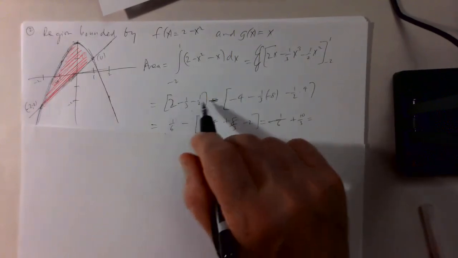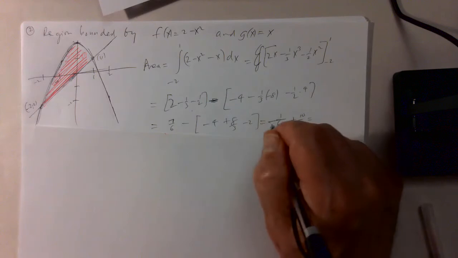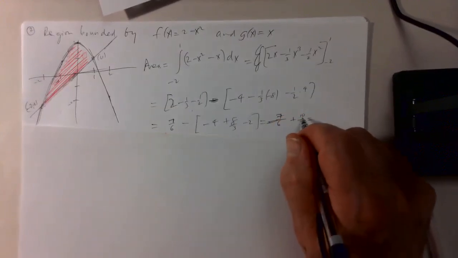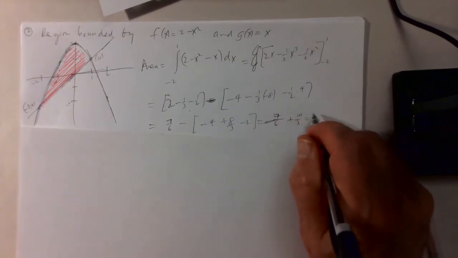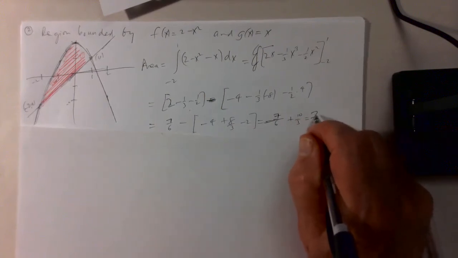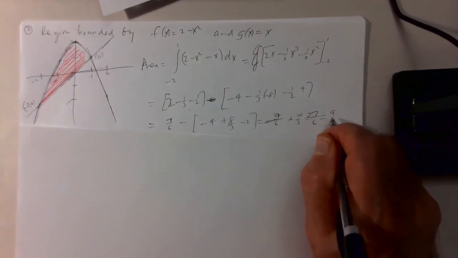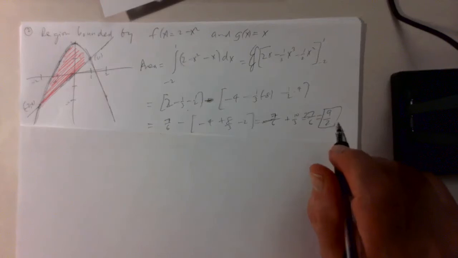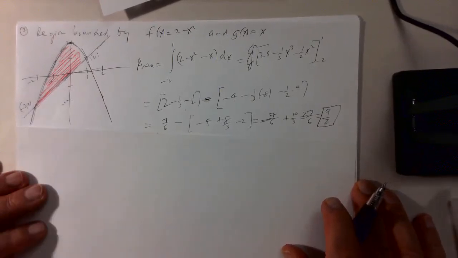So this is 2 minus 5/6, which is 7/6. So this is 7/6 plus 10/3, which is 7/6 plus 20 over 6, that's 27 over 6, which is 9 over 2. So the area between these curves is 9/2.